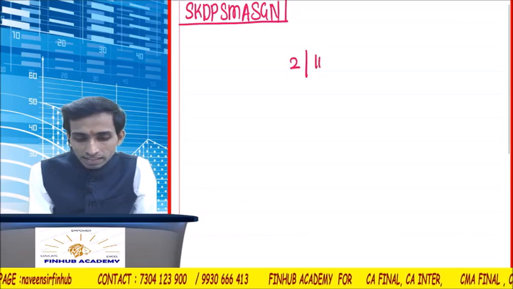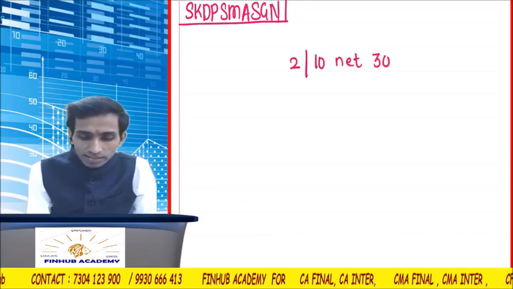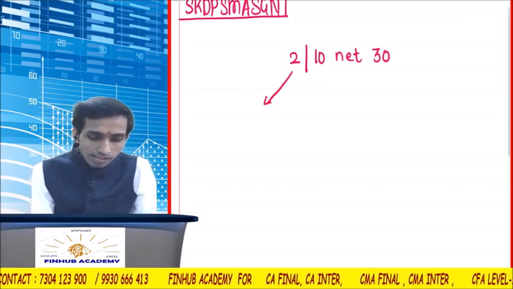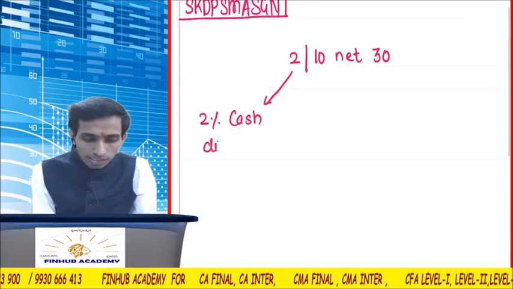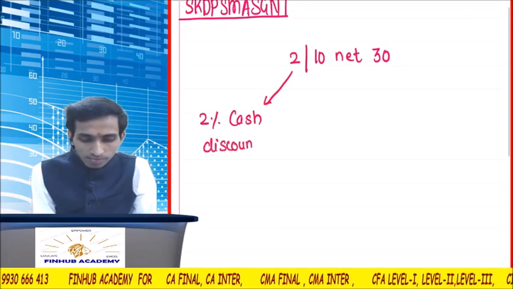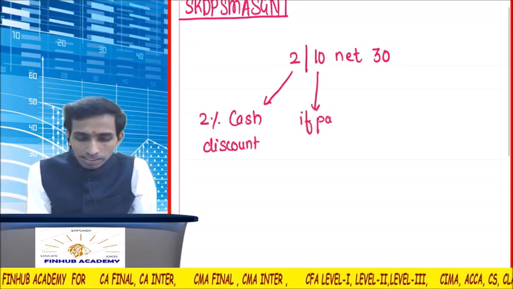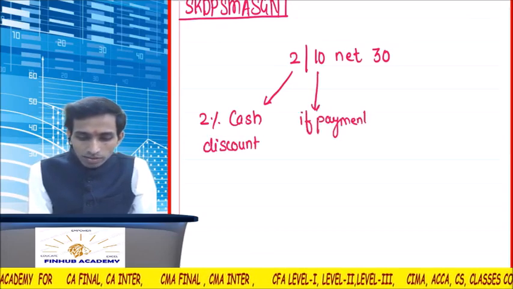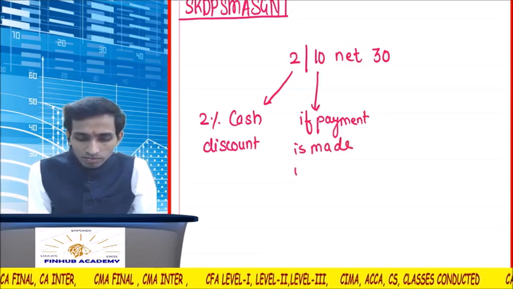2 by 10 net 30. This is a 2% cash discount if payment is made within 10 days.